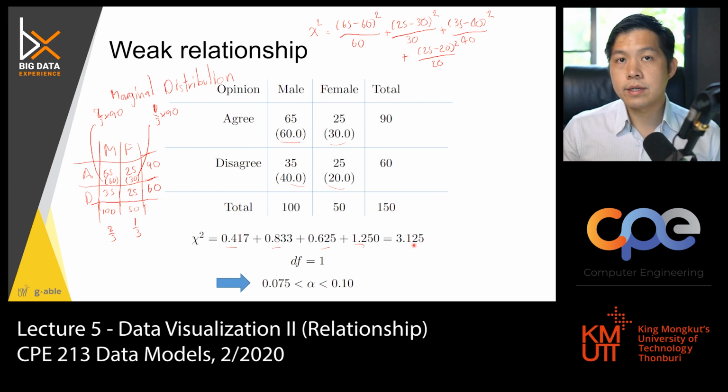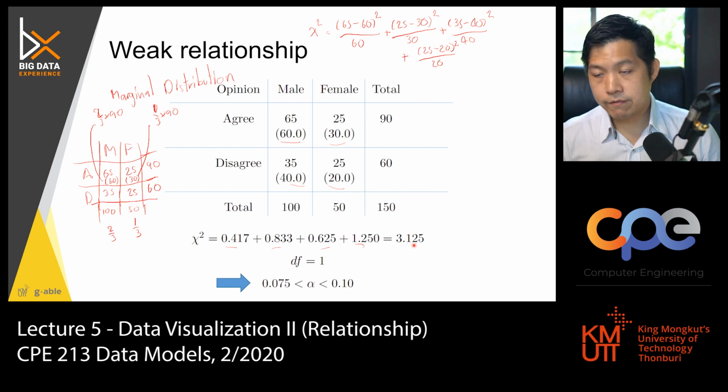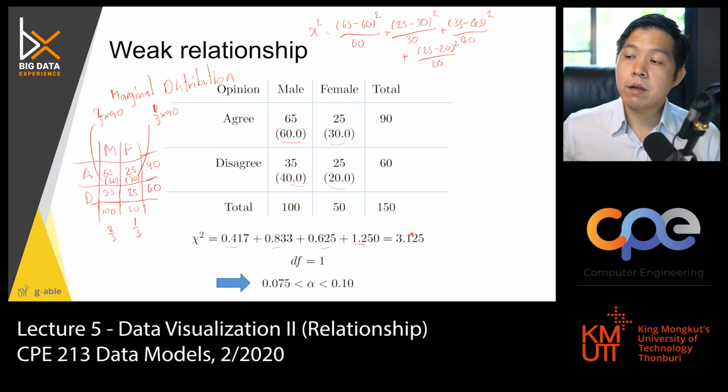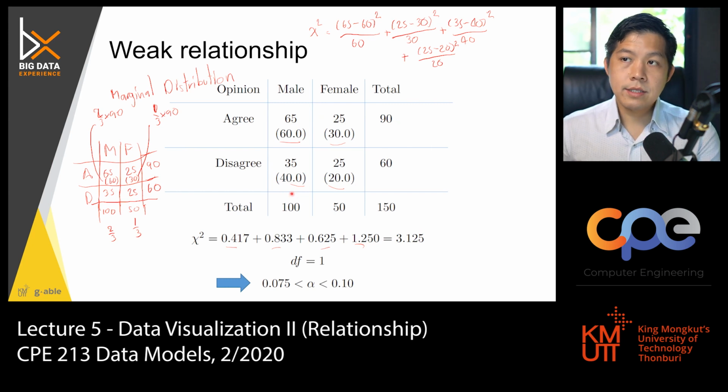If you convert this into probability, the probability of the null hypothesis, as you will learn later on, will be more than 0.05. But for now, because this is a low value, they are not related to one another. That indicates a weak relationship between the two variables.